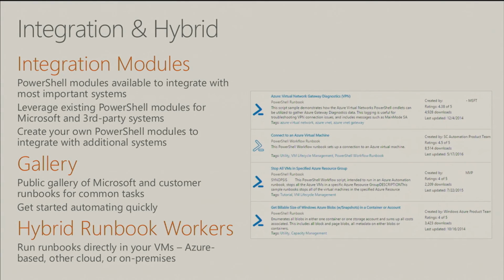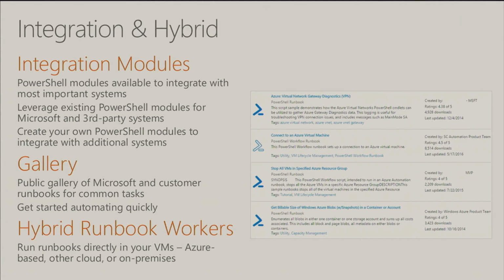So one of the value props with our service is that you can integrate basically with any service out there that has an API and has a web interface, an internet interface. And with PowerShell, most of the big and small services have created PowerShell modules to integrate with their web API.